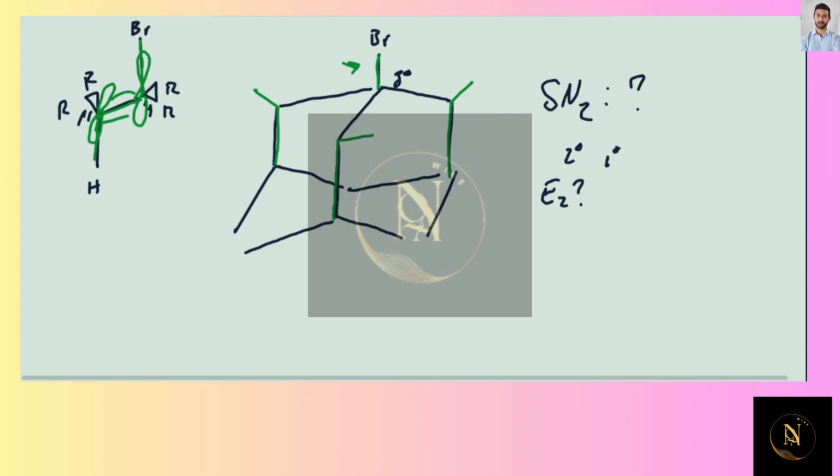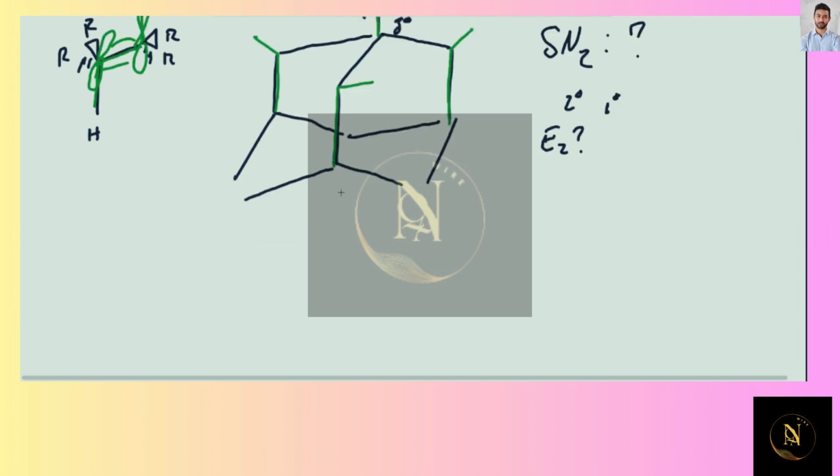Well, if we're going to do E1, recall that we need to form a double bond. So in the case of E1, consider the mechanism. This bromine will leave, and we will generate, I'll redraw this, a carbocation here.